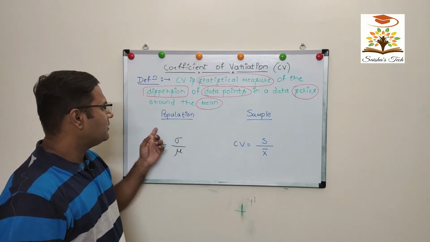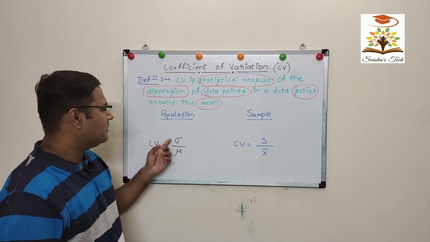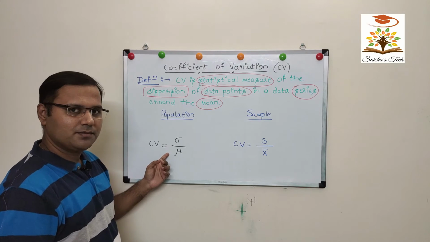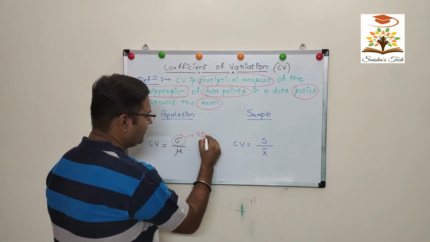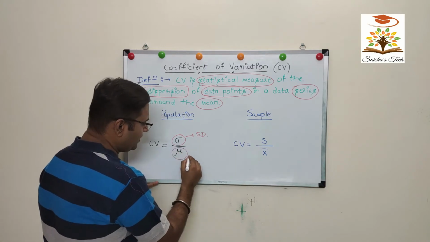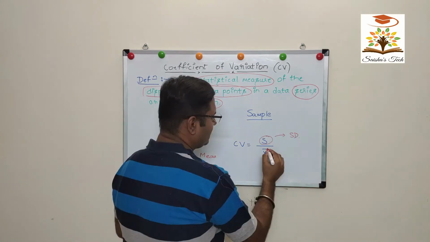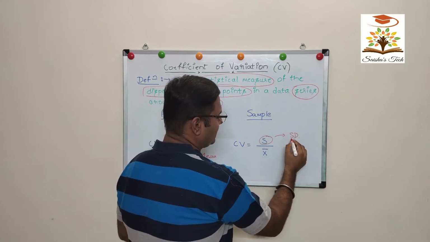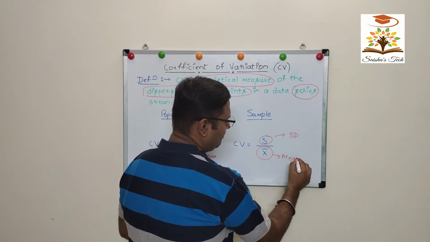The formula is sigma divided by mu. Here, sigma represents the standard deviation of the population and mu represents the mean of the population. Similarly, S represents the standard deviation of the sample and X bar represents the mean of the sample.